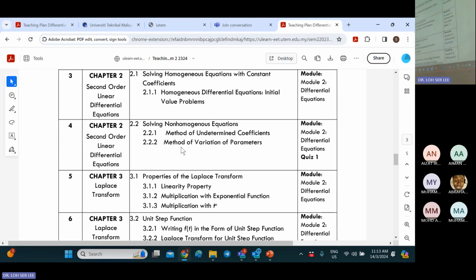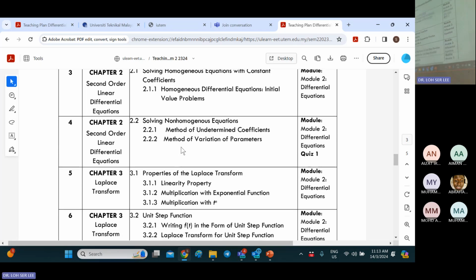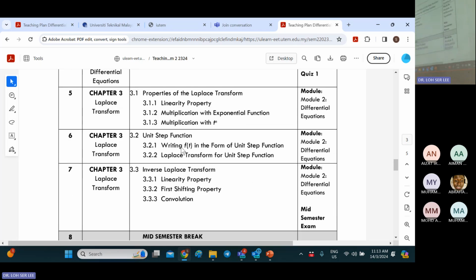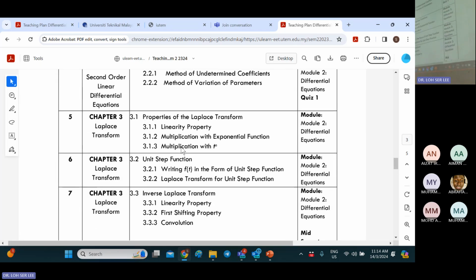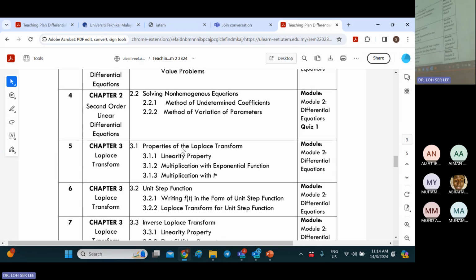But chapter 2, you will see the questions from chapter 2 for the final exam. Chapter 2, chapter 3, chapter 4, chapter 2 onwards. But chapter 1, I can't remember. We have to refer back to the past year questions.